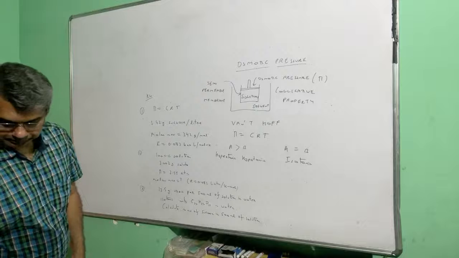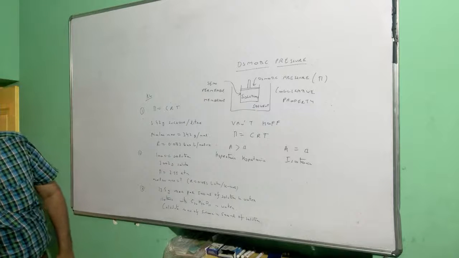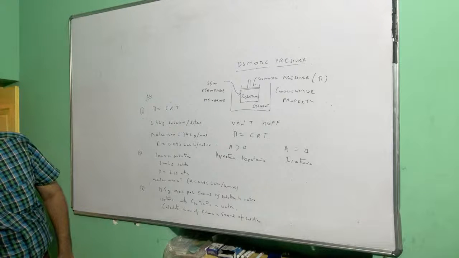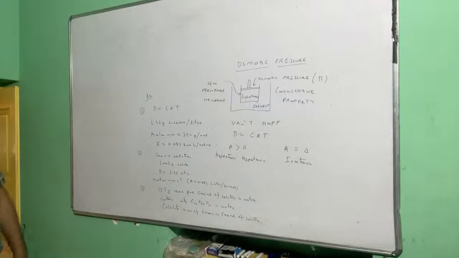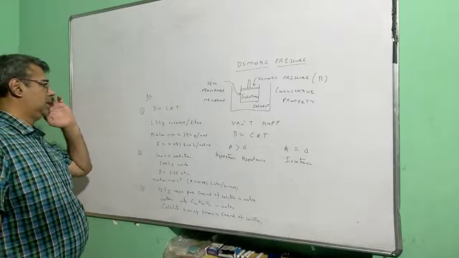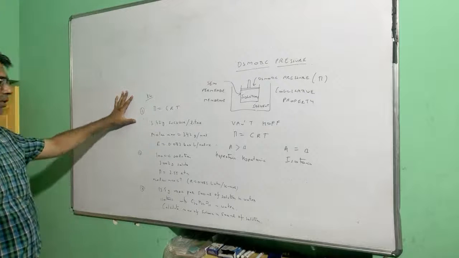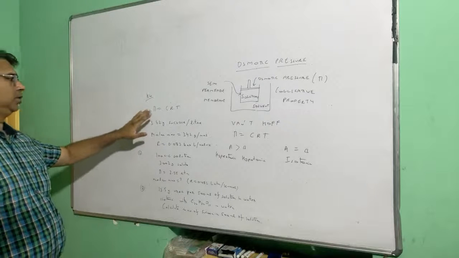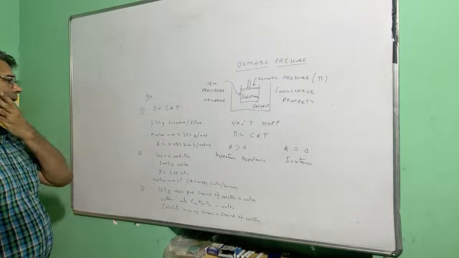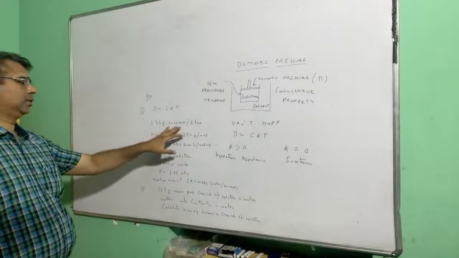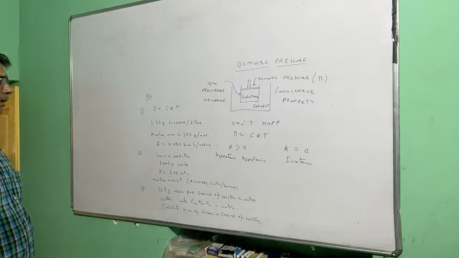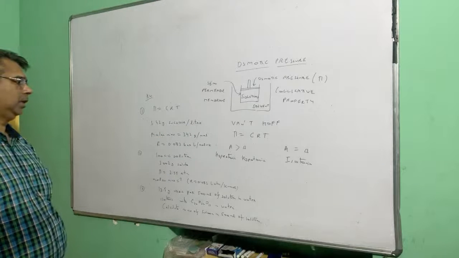These are the three homework questions from osmotic pressure. The first homework question is that 3.42 grams of sucrose is there in every liter of solution.